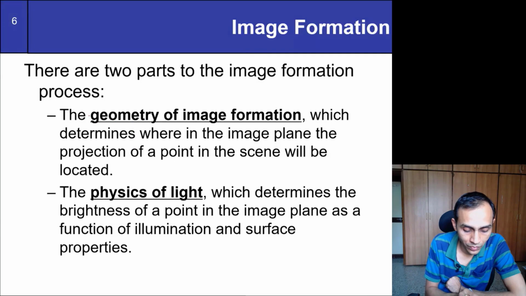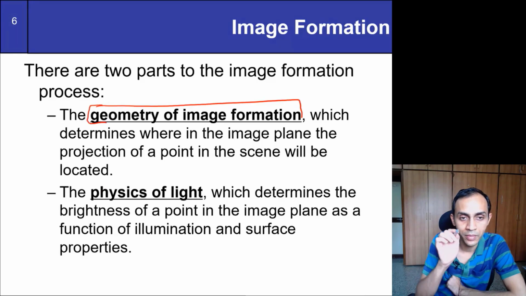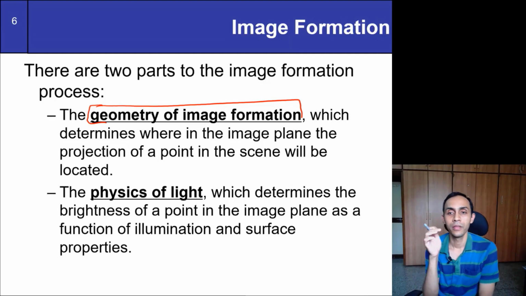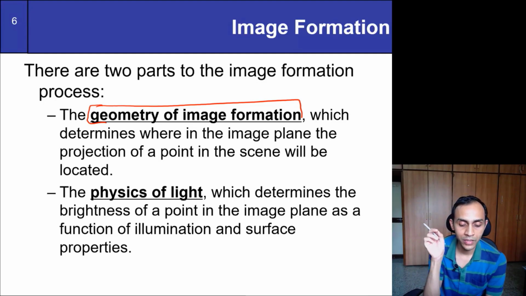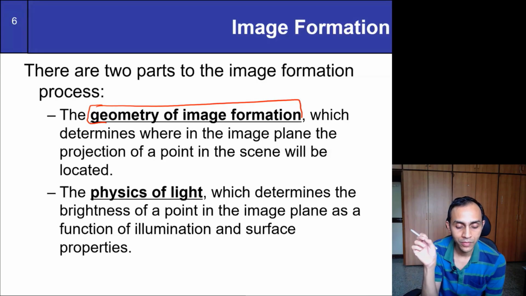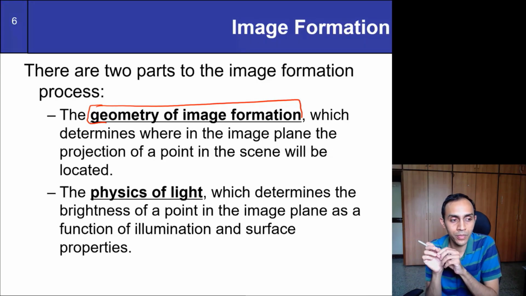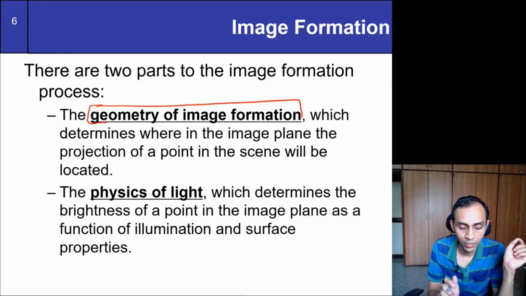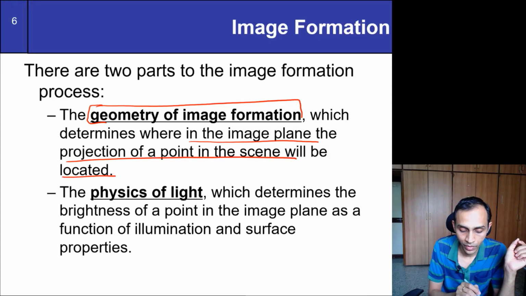So we'll talk about two parts of the image formation process. One is the geometry, which relates to where exactly a real world scene point will be formed, at what coordinate, the location of the point. It determines where in the image plane the projection of a point in the scene will be located.